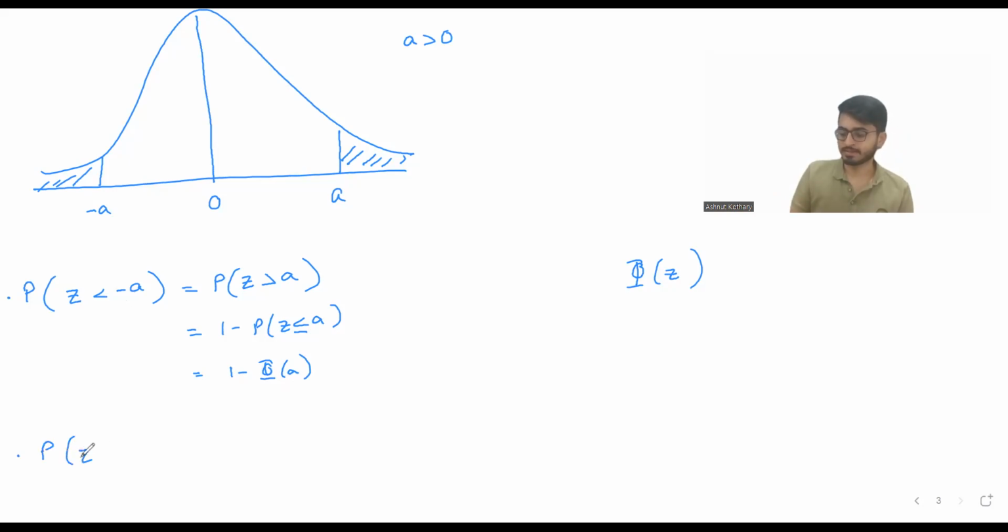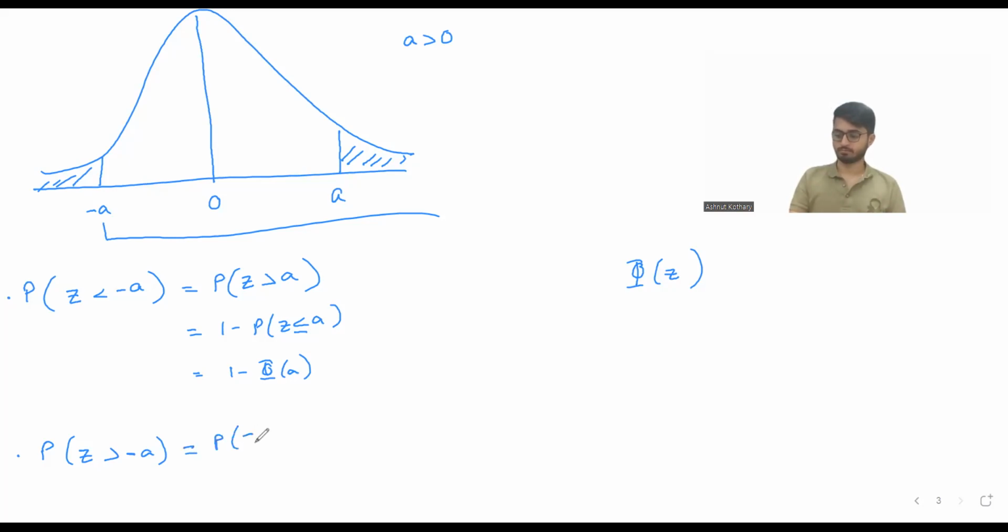Say I want probability Z greater than minus A, which is nothing but which region? This entire region. By symmetry, probability Z greater than minus A will be nothing but equal to this region.